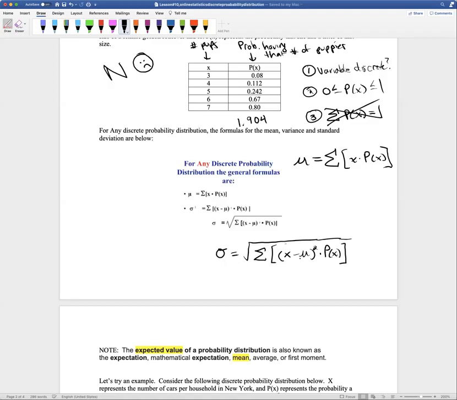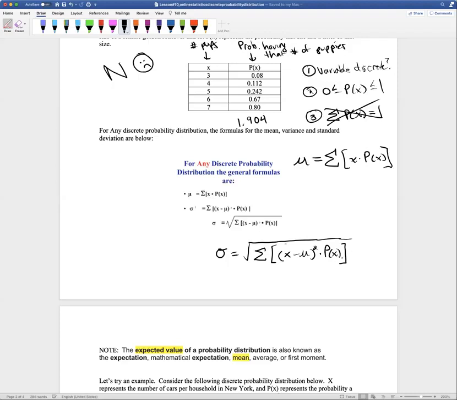Well, first we have to figure out what the mean is. Then we subtract the mean from each variable and square that. Then we multiply those by their associated probabilities. And then we add them up. And then we take the square root of it.